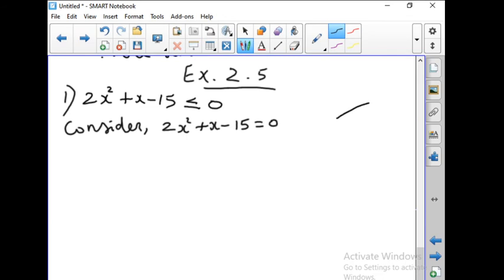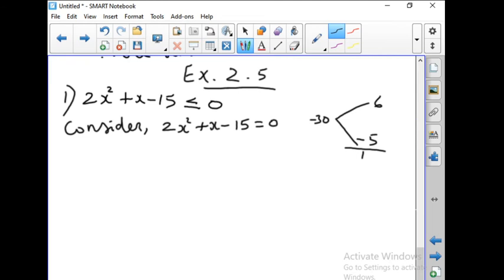So, we'll factorize it. What's the product? Minus 30 is the product. What is the sum? 1. So, what are the two numbers? 6 and −5? Yes. 6 − 5 is 1 and 6 into −5 is −30.